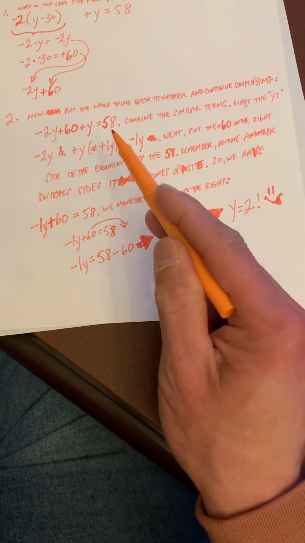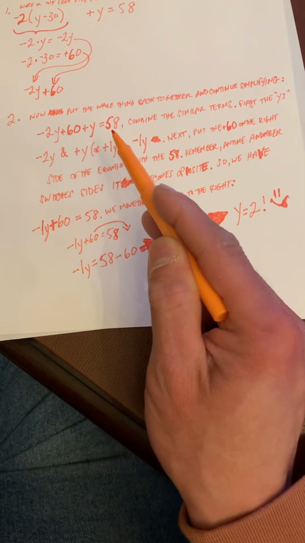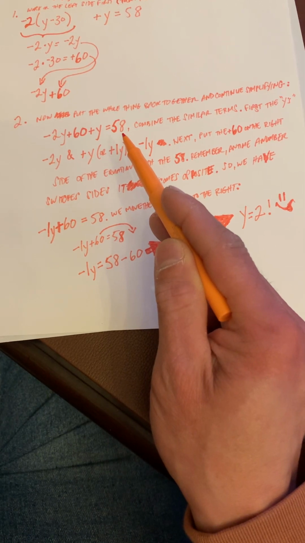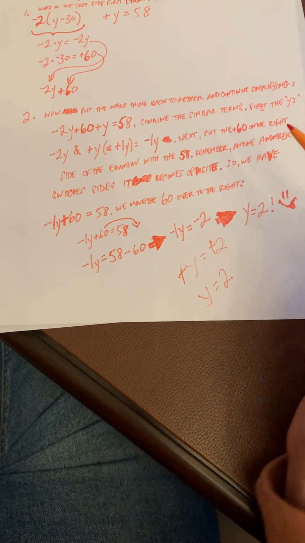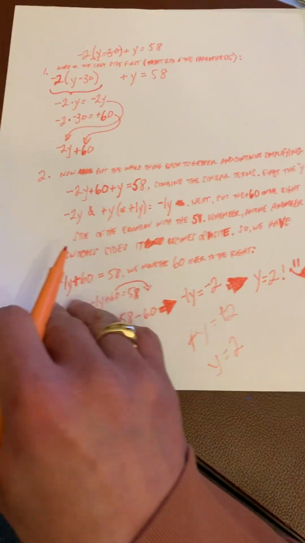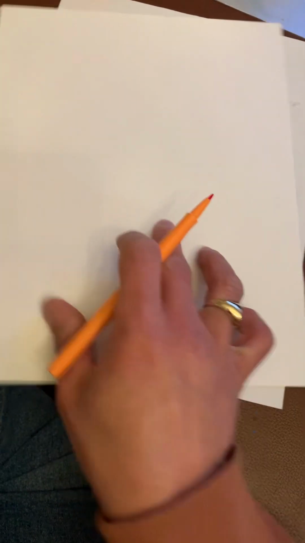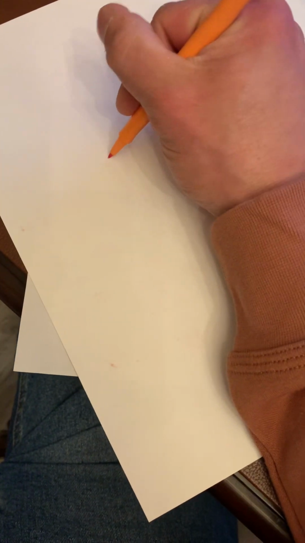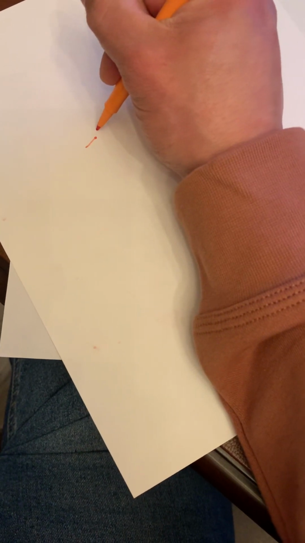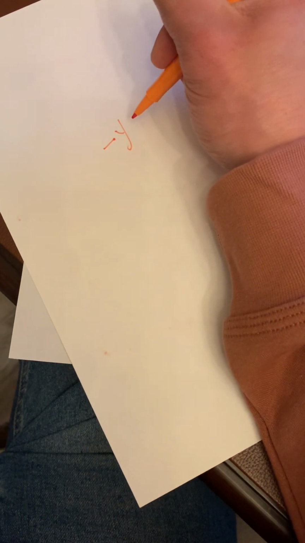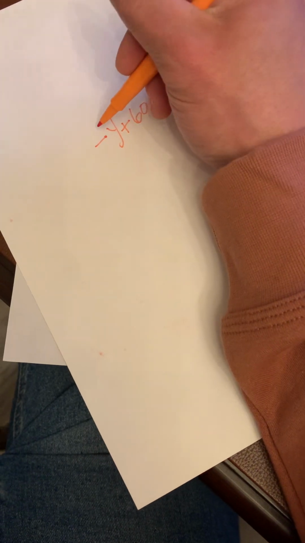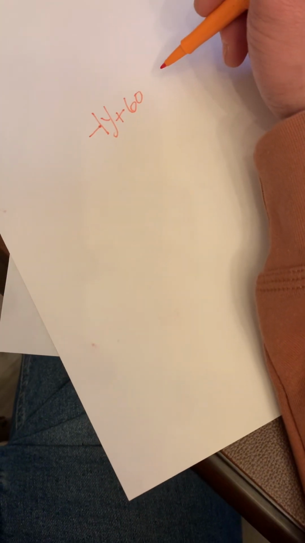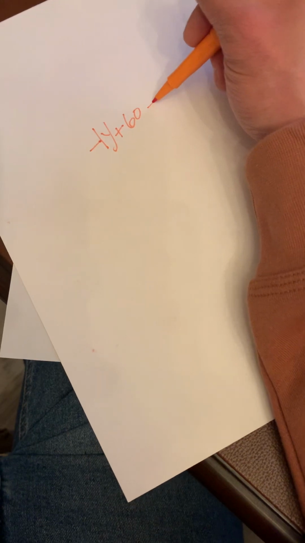If you're wondering what happens if we do it the other way, let's put the 58 on the left side instead of moving the 60 over. So if we do that, we're going to have negative y plus 60, or negative 1y, negative y, same thing, equals 58.